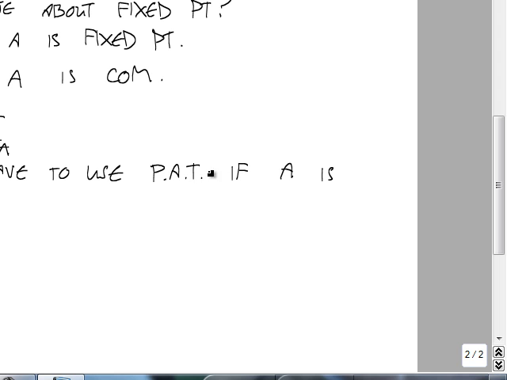That's right. So if A is a fixed point, yeah, that's the best way to say it, I suppose. If the about point is not the center of mass, you have to use the parallel axis theorem. So in most cases, if there's a fixed point, you're going to have to use the parallel axis theorem.